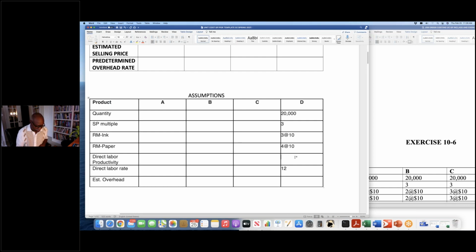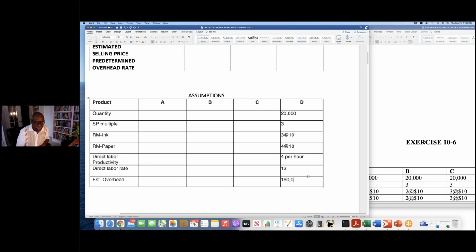So how many is it? 4 per hour. And are you multiplying or dividing? Divided. Okay. What's your estimated overhead? 160,000.